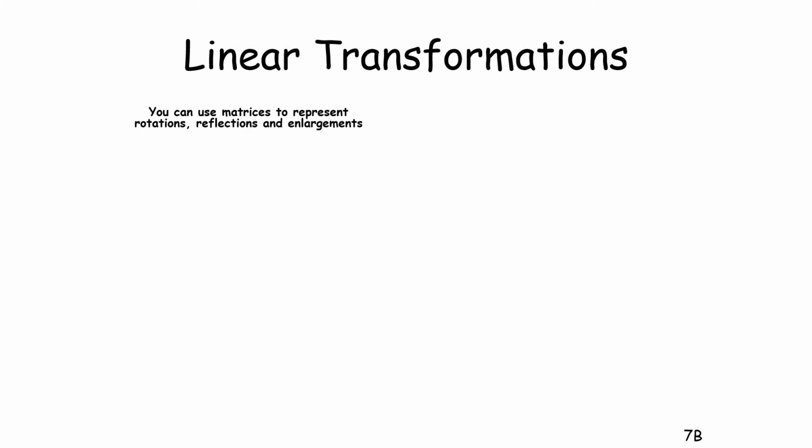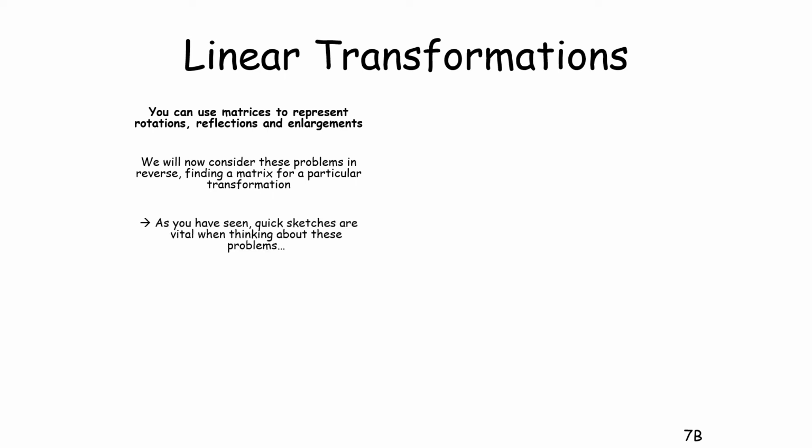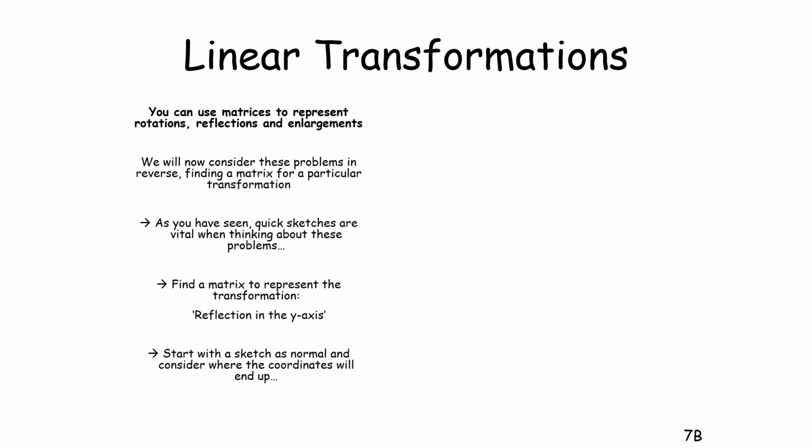So you can use matrices to represent rotations, reflections, and enlargement. We'll consider these problems in reverse, finding a matrix of a particular transformation. As you have seen, quick sketches are vital when thinking about these kinds of problems. So find a matrix to represent the transformation, reflection in the y-axis. We start off with a sketch as normal.